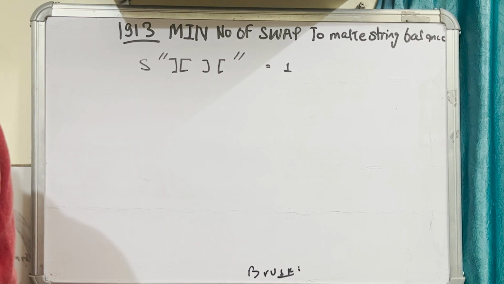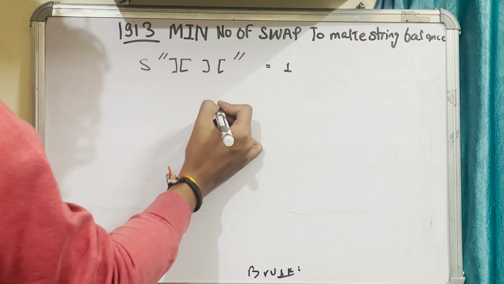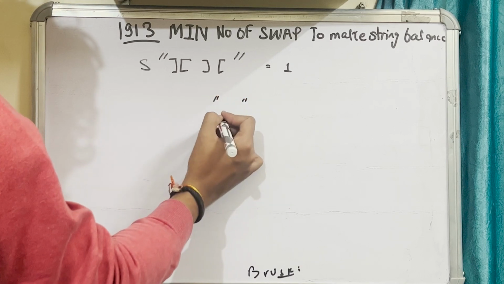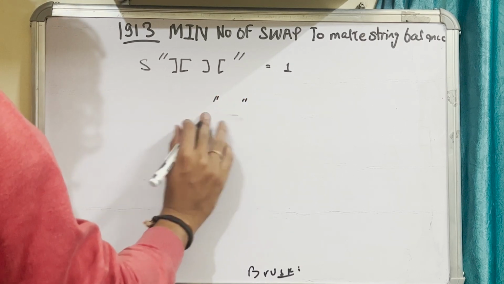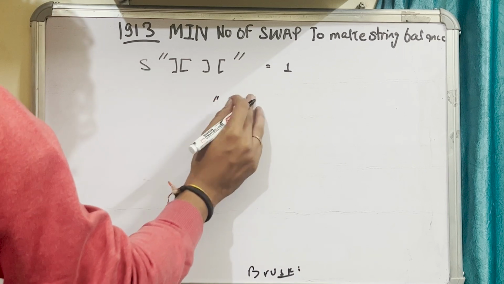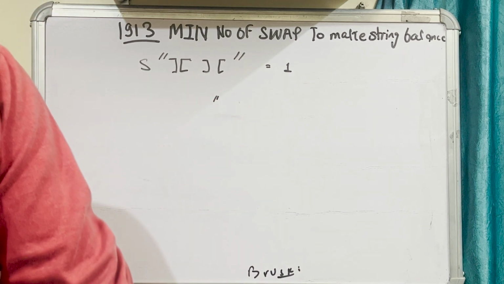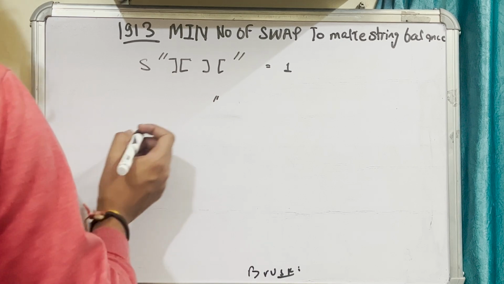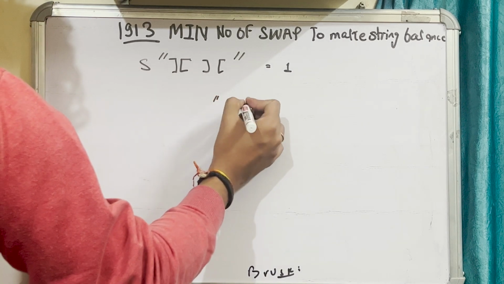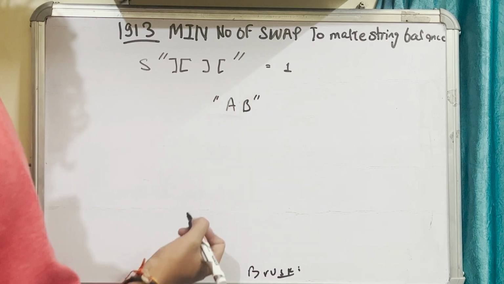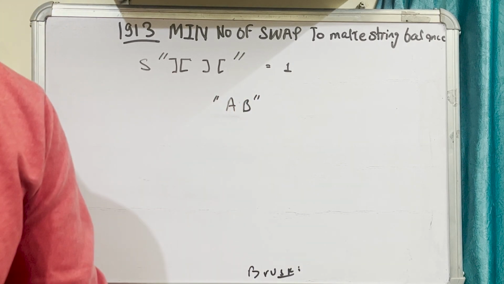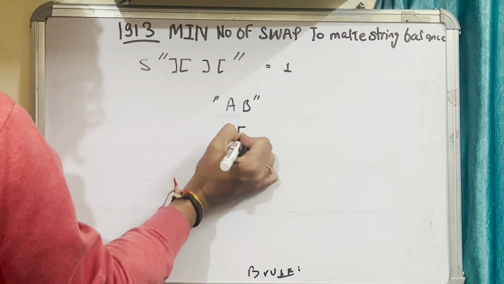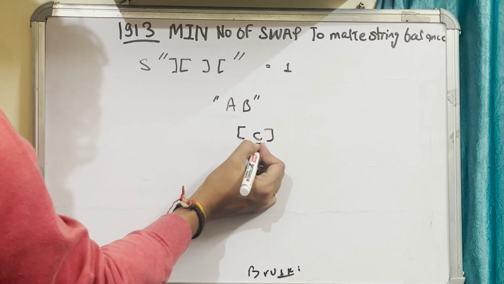In the question it is given that either a string should be empty, like you shouldn't have anything in the string, so it is balanced, or it should be written as AB where A and B both are balanced, or it can be written as an opening bracket C closing bracket, where C is a balanced string.